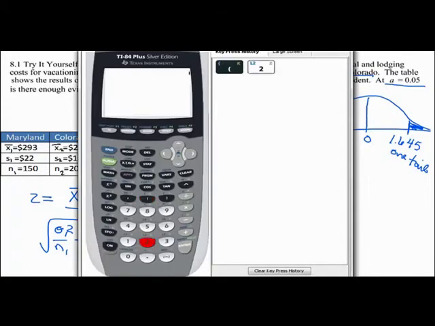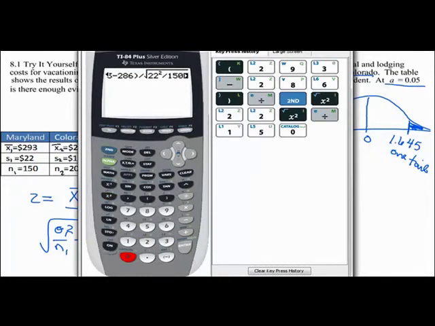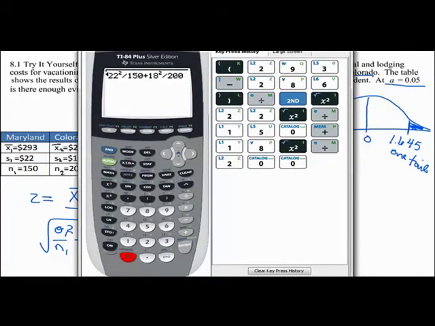So we've got 293 minus 286 divided by the square root of 22 squared divided by 150, our first sample size, plus 18 squared divided by the second sample size of 200. We'll close that parentheses. And that'll give us about 3.1796, about 3.18.